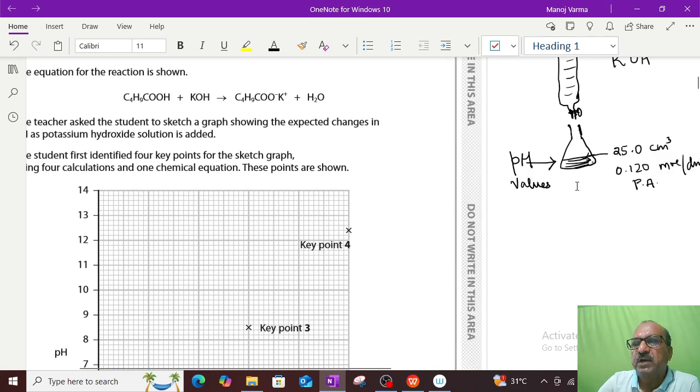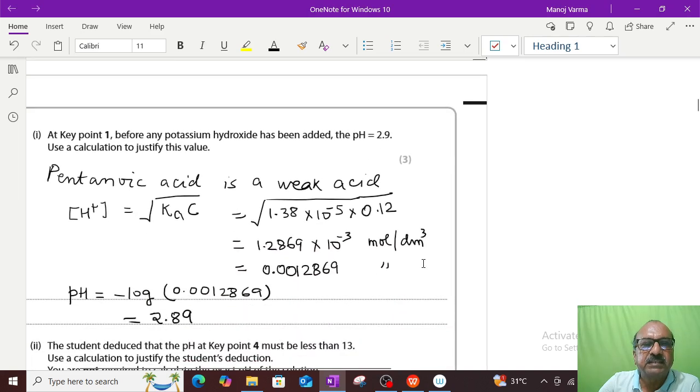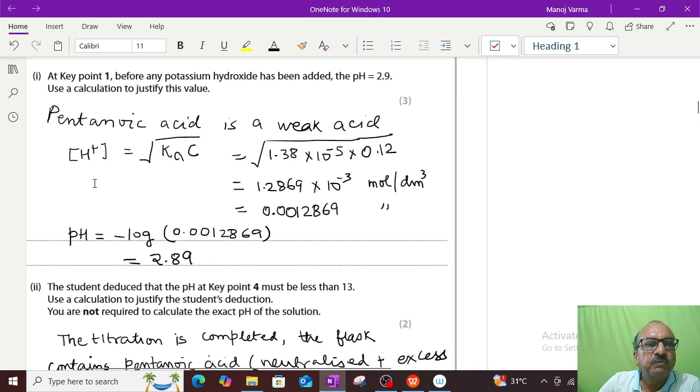So we have to know the initial value of the pH in the conical flask, and remembering that pentanoic acid is a weak acid, the formula that we use for the concentration of hydrogen ions for a weak acid is the root of the Ka value times the C value. The Ka value I have taken from the question, which is 1.38 times 10 raised to minus 5, and the concentration of the pentanoic acid is 0.12.